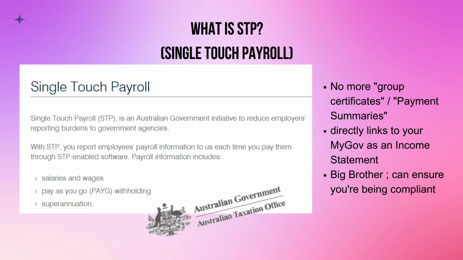So there are no more group certificates or payment summaries. They're now called income statements that link directly to your myGov. As I said before, it's a bit of a Big Brother scheme, but it ensures that you as a business owner are doing your due diligence and being compliant: paying your super on time, paying your PAYG on time, and paying your employees correctly, which is the main one. So that's why this is in place.